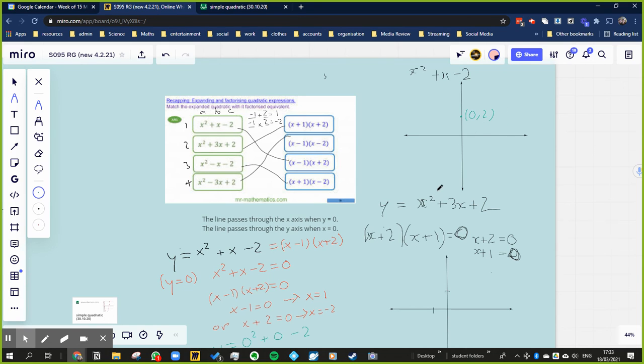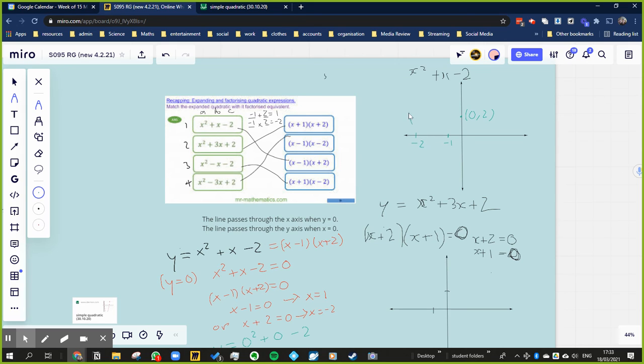Now what about for the x-axis? The x-axis is when y is equal to 0. We've already factorized it earlier on, and it was x plus 2 times x plus 1. We've got it the other way around here, but anyway. So x must be equal either to minus 1 or minus 2. So it's going to be over here and over here, minus 1, minus 2.